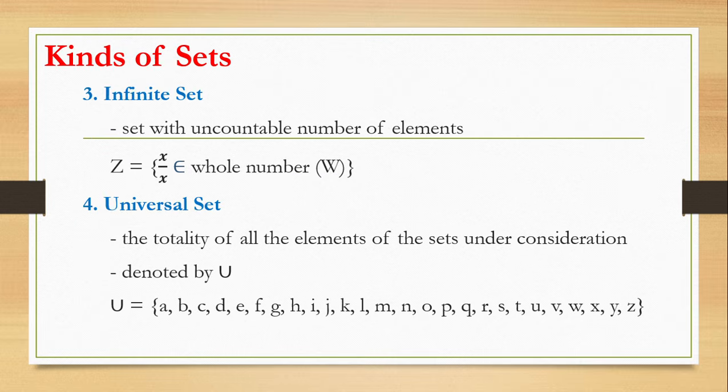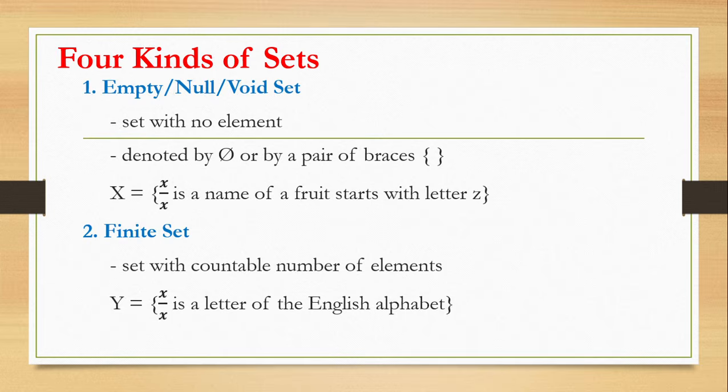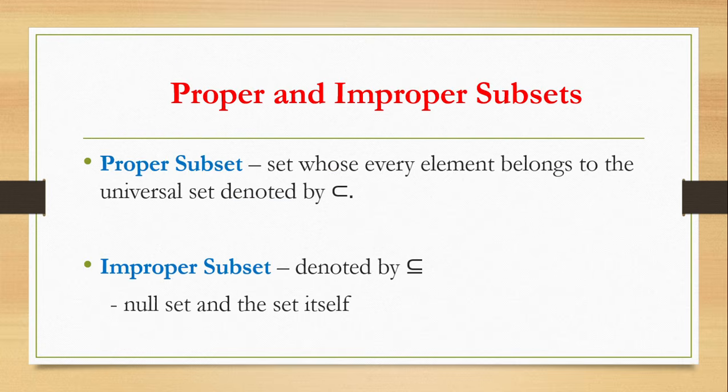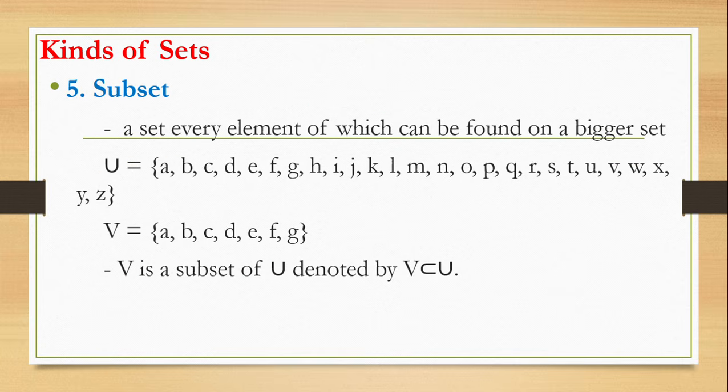Next, we have another, that is subset. A set every element of which can be found on a bigger set. Yung A, B, C, D, hanggang Z. Tapos yung V is denoted by a proper subset.